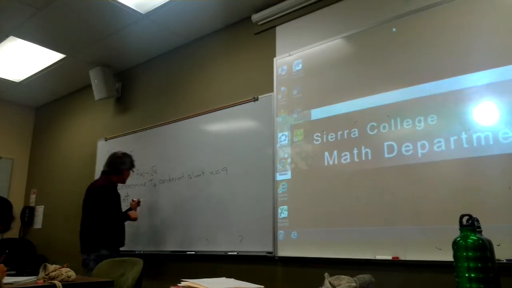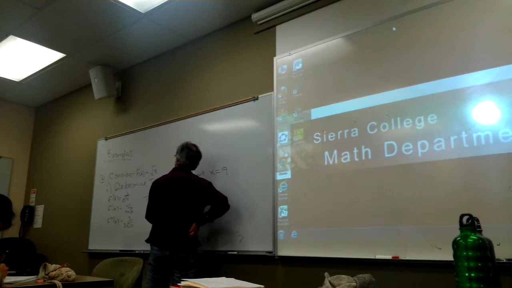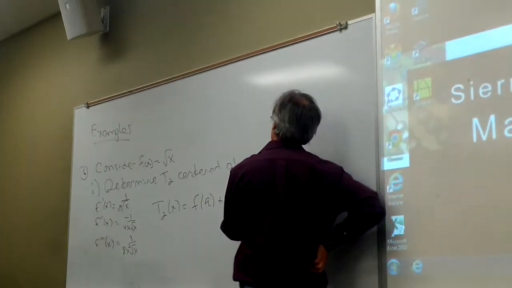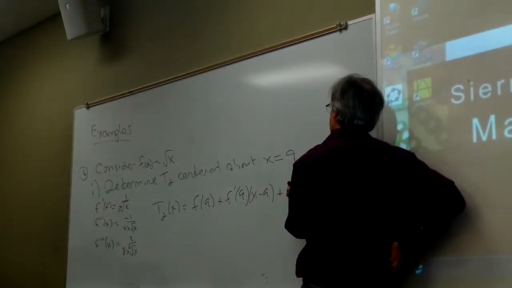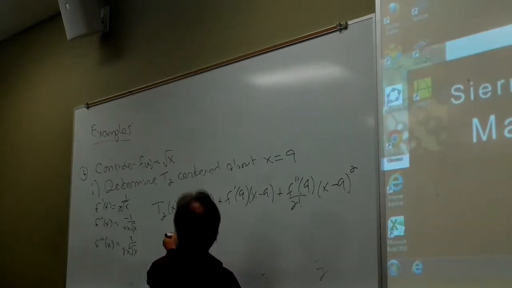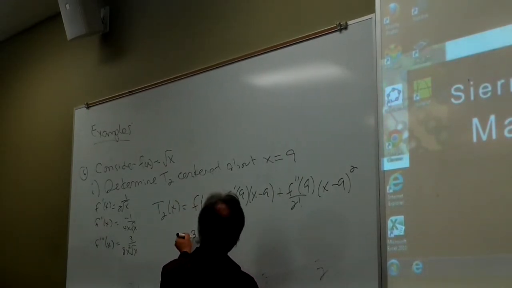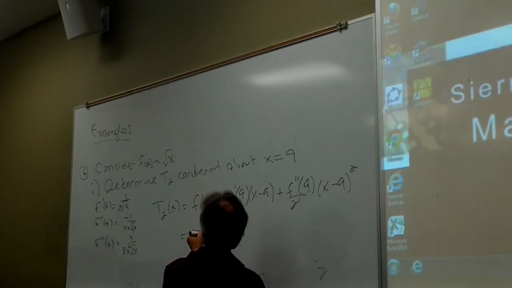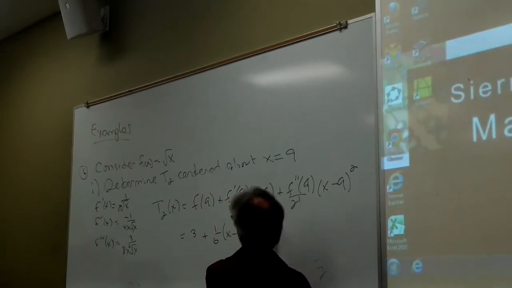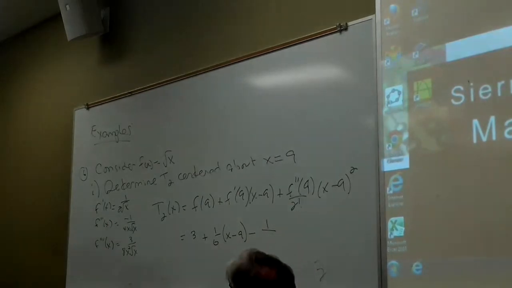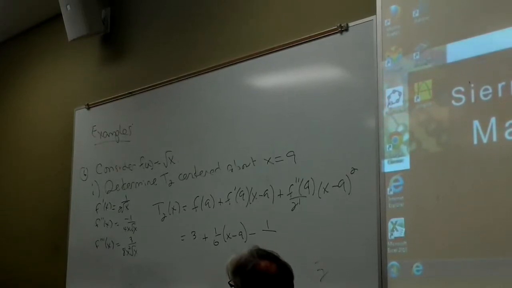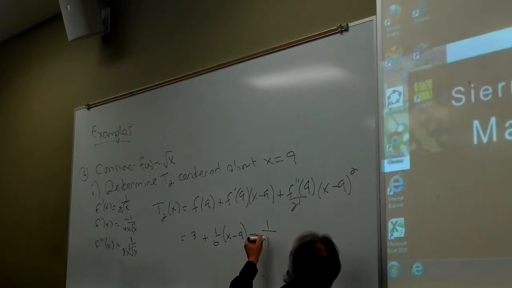And that being the case, I think the second degree Taylor polynomial is simply going to be my function f evaluated at x equals 9, plus its first derivative evaluated at 9 times x minus 9, plus the second derivative at 9 divided by 2 factorial times x minus 9 squared. But in this example, that ends up being 3 plus 1/6 times x minus 9 minus 1 over, so 36 times 3 is 108, times 2 is 216, I think?